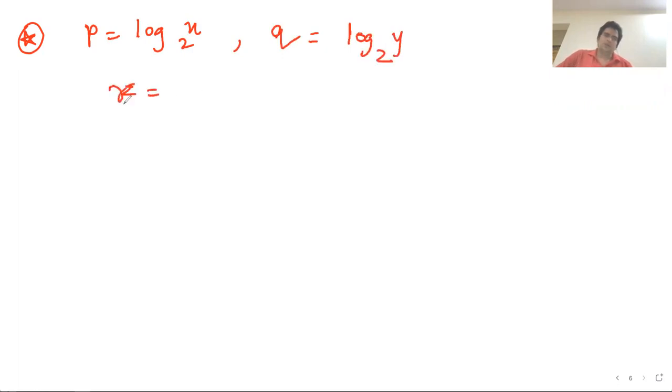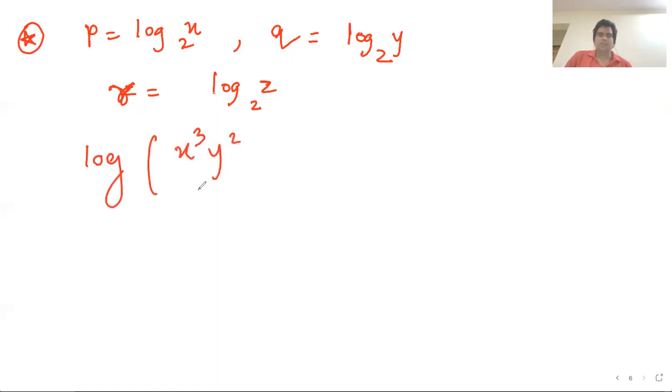Let's say P is log x to the base 2, Q is log y to the base 2, and R is log z to the base 2.